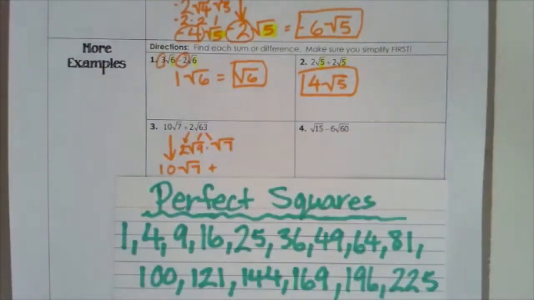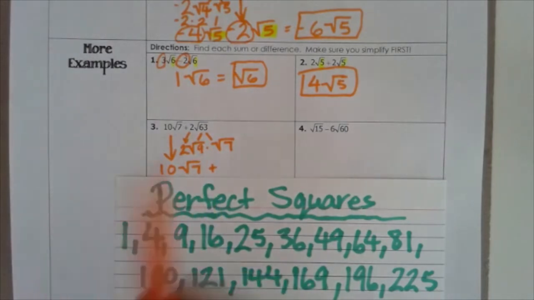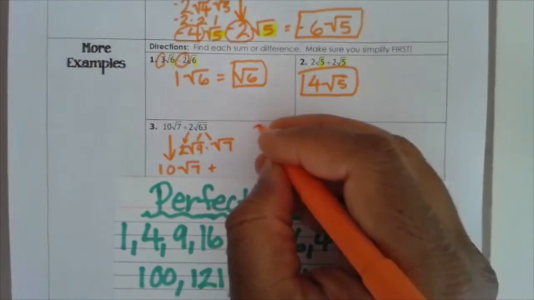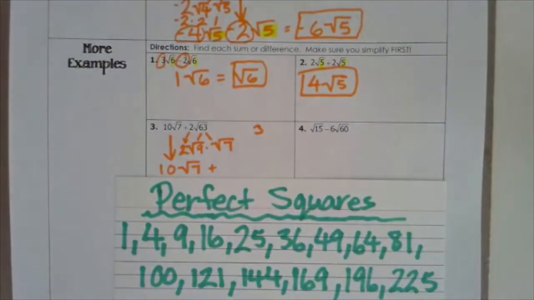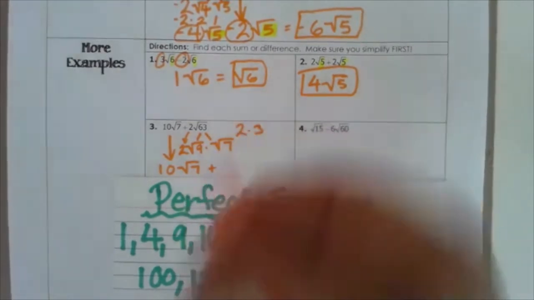And then I have to take the square root of my perfect square, 9. And so the square root of 9 is just 3. I'm going to write this over here so I have a little bit more room. So I have the 3, but I'm still going to have that 2 on the outside.